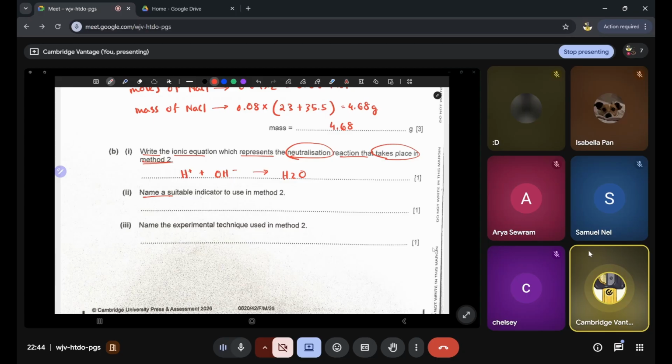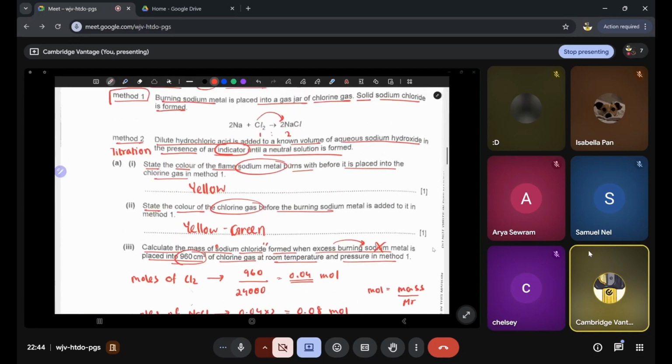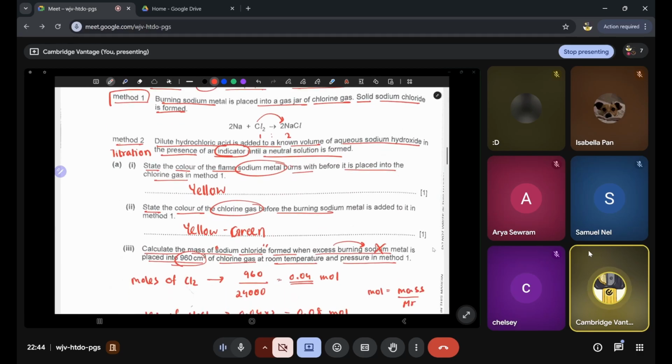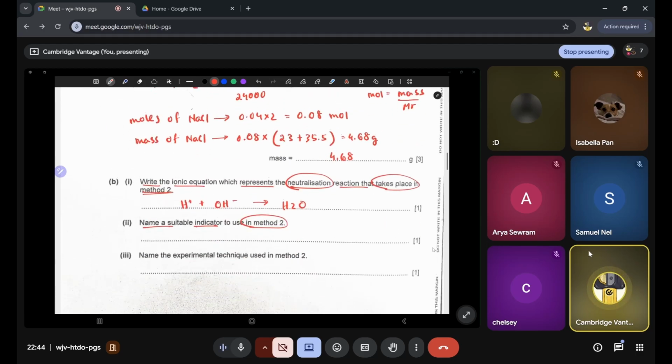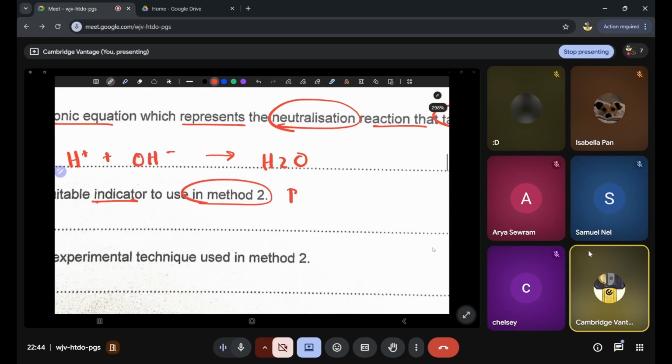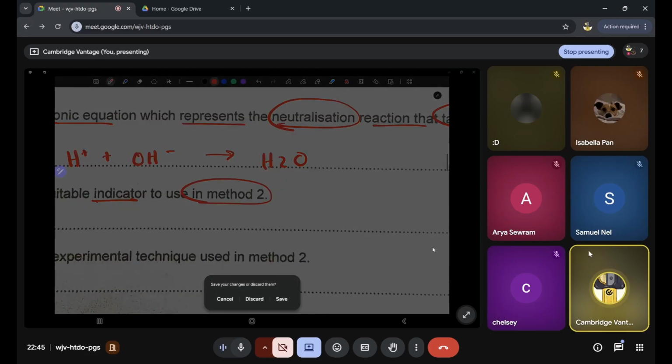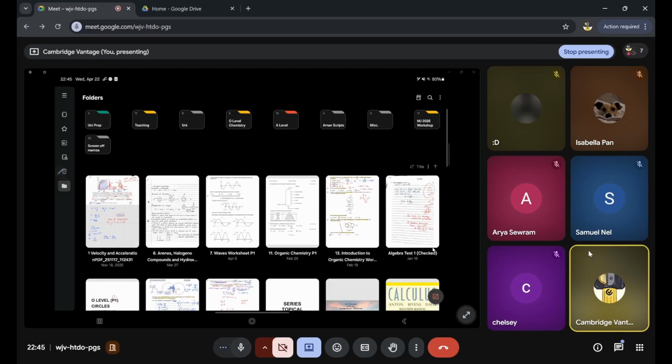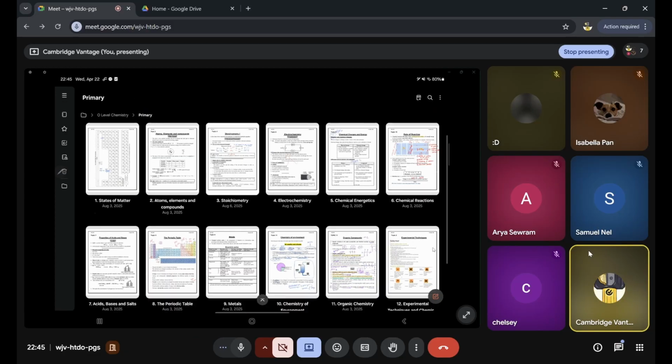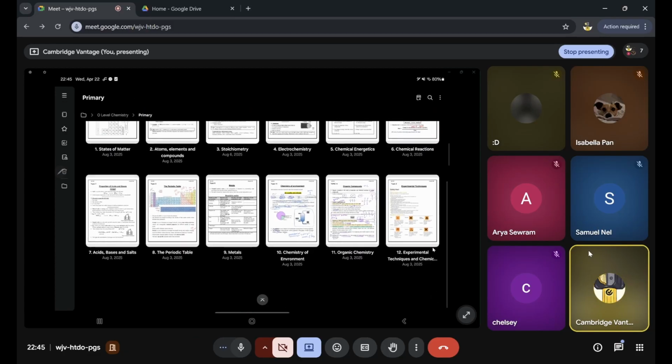Next part, name a suitable indicator to use in method 2. Now, in your syllabus, you have a few indicators. Phenolphthalein, or wait, let me actually show the colors as well. We will get back to this soon, but what I will do now is show you colors.